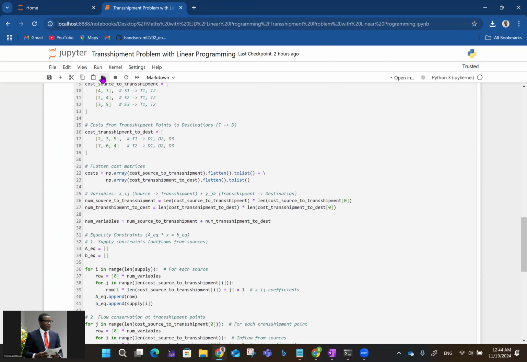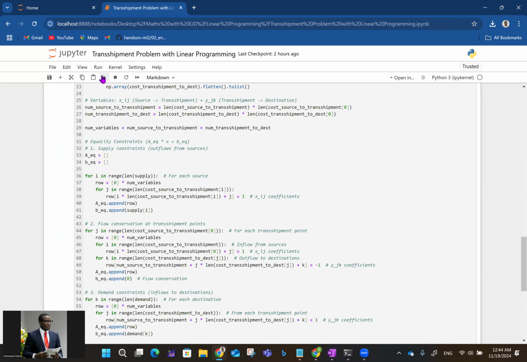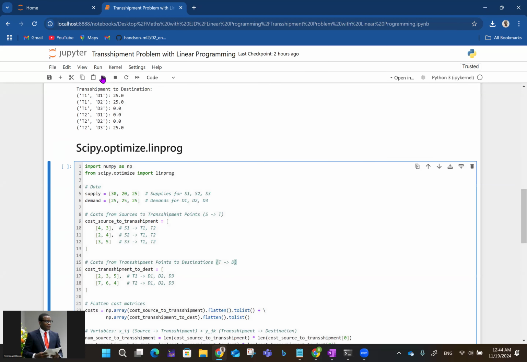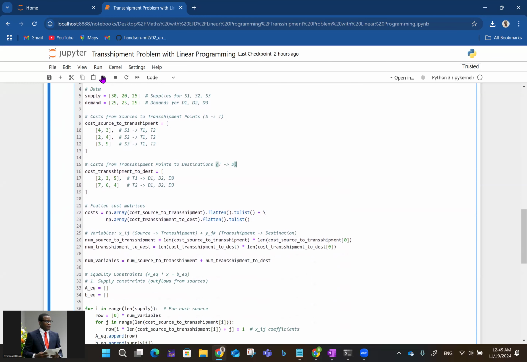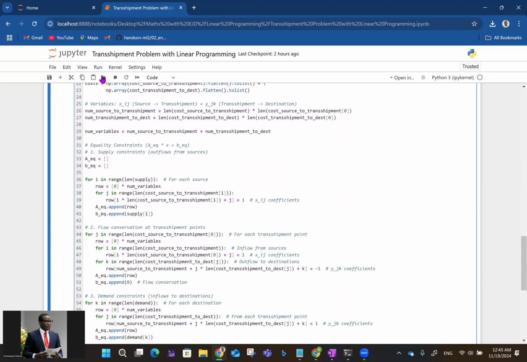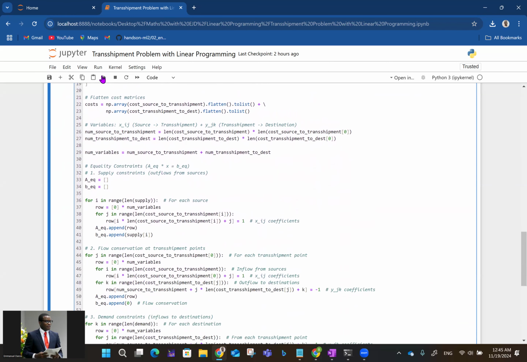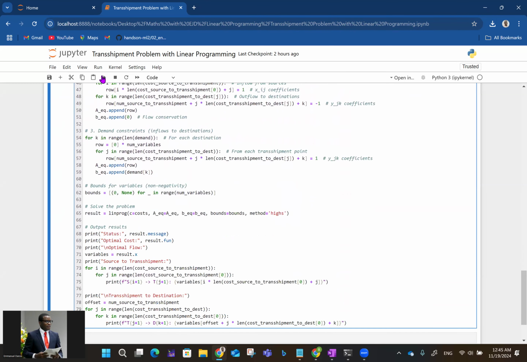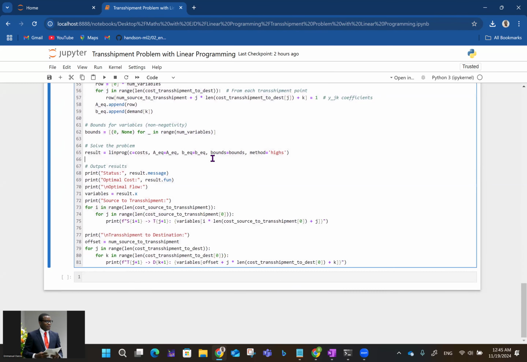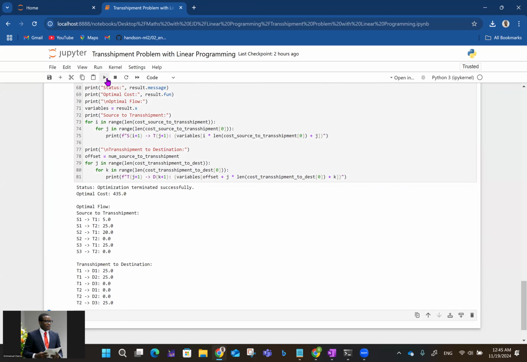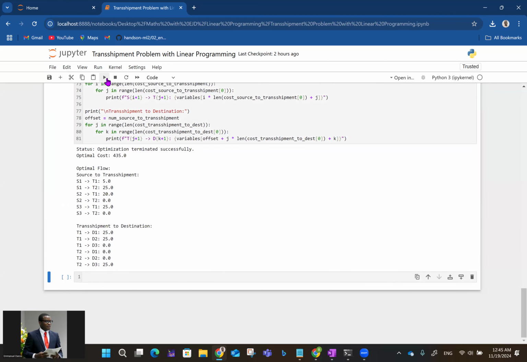linprog also gives the same answer. Of course, the normal setup gives the supply, the demand, then all the costs from supply to transshipment, and from transshipment to destination or demand. And then we have the whole setup like this. You can just look through this and see how it looks. We get exactly the same solution.